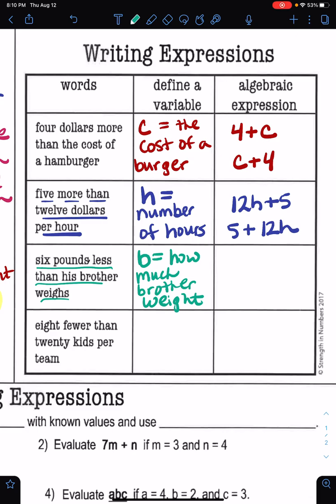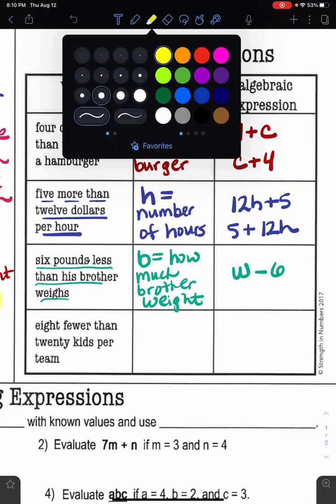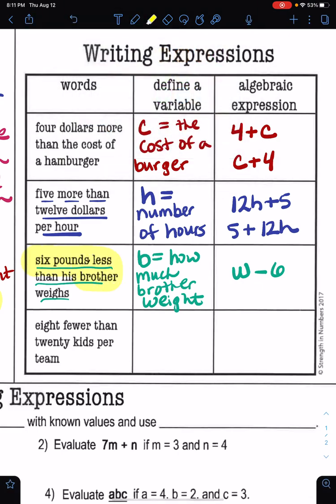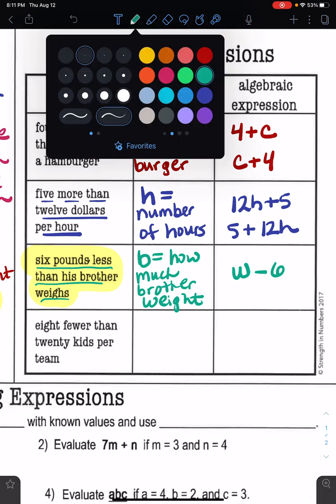Because if your brother weighs 100 pounds and you do 6 minus 100, there's no way you weigh negative 94 pounds. We would actually take 6 from how much the brother weighs. So how much the brother weighs minus 6. It's a little bit tricky sometimes because a lot of people want to write it in the order that it appears in the sentence, and the 6 appears first. But when we do 6 less than something, we are going to subtract that from the something.